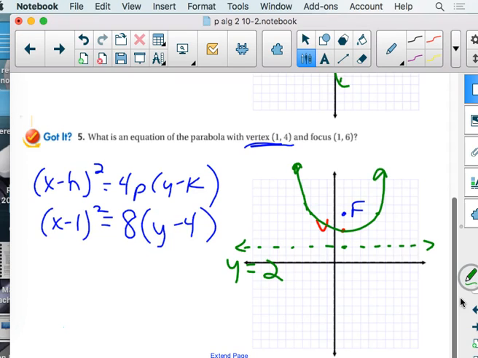I like this. So those were a little wider because our 4p didn't end up being a 1 like it has been in the other ones. 4, 3, 2, 1, 0. Our objective was to learn all this good stuff about parabolas, right?